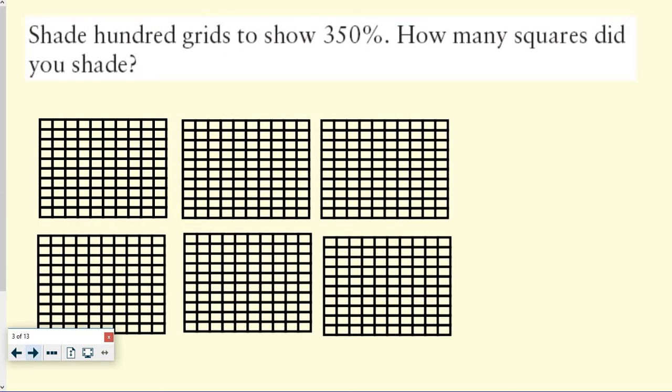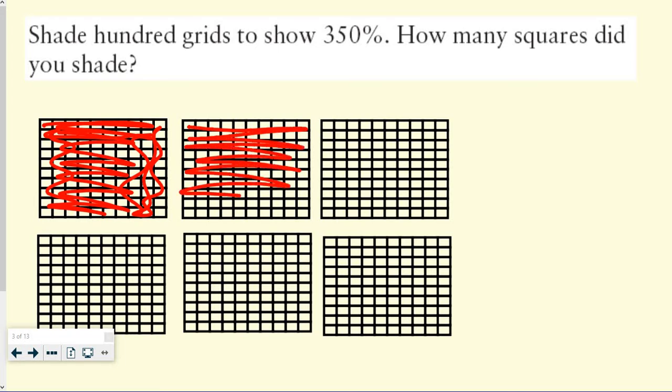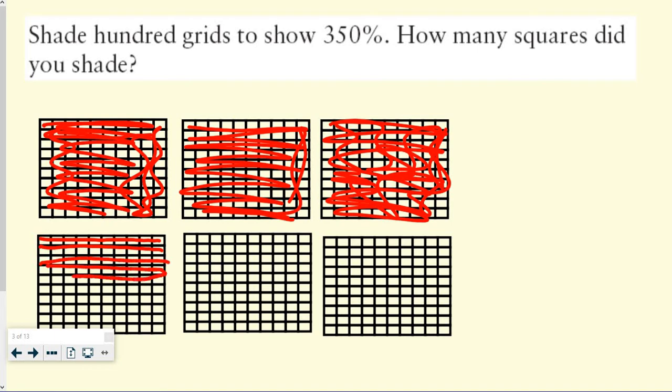So it's pretty straightforward. Shade 100 grids to show 350%. To shade them, we would fill in all this here. That's 100%. That's 200%. If we fill in this one here, that's 300% here. And we fill this in. Of course, you would do this much better than I would. And then 50% is 1, 2, 3, 4, 5 columns.